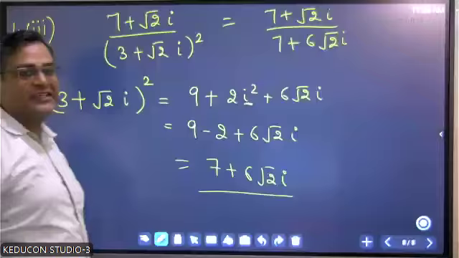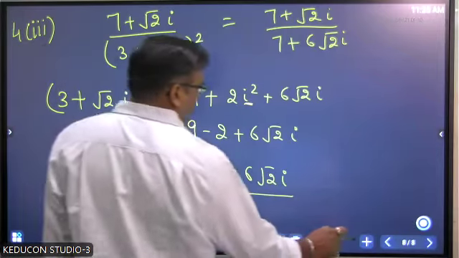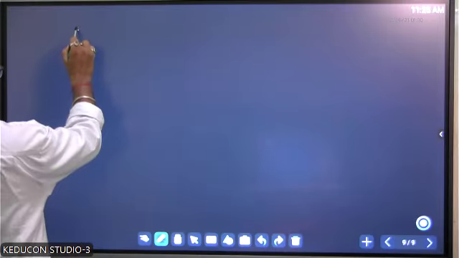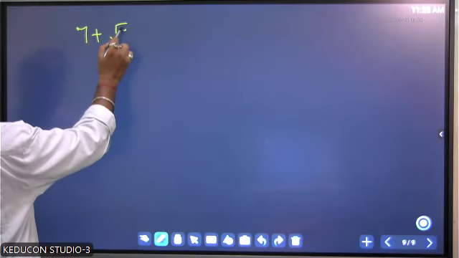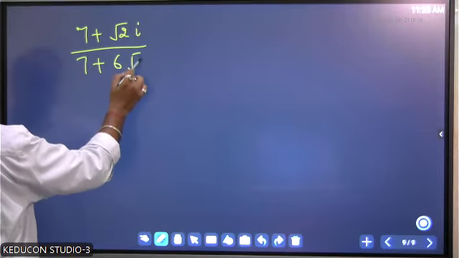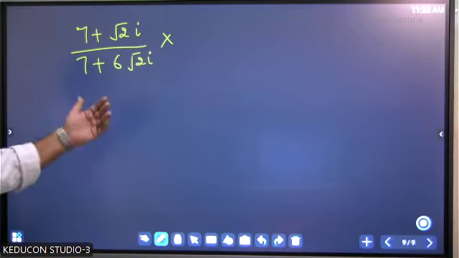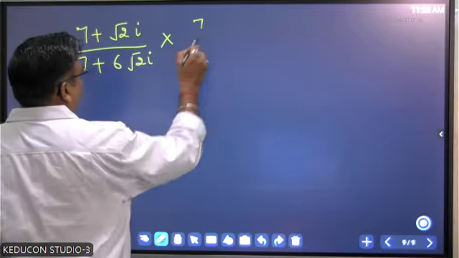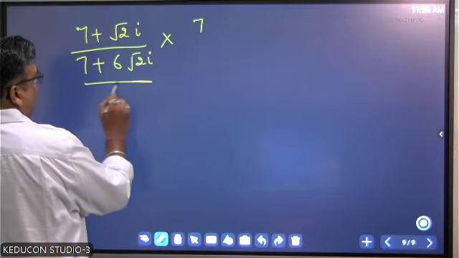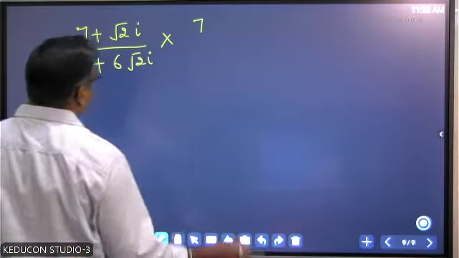Now you need to rationalize the denominator. How to rationalize? The denominator is 7 plus 6 root 2 iota. Like you did rationalization in the case of square roots, same here. You have to multiply and divide by this term after changing the sign, right? So please do this.